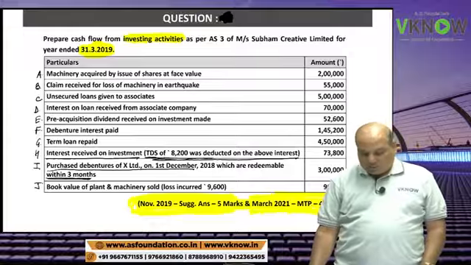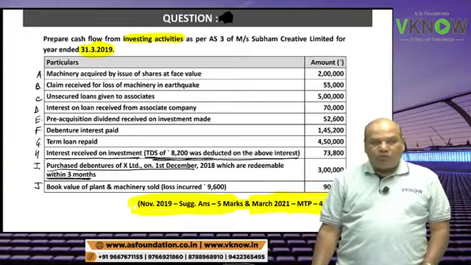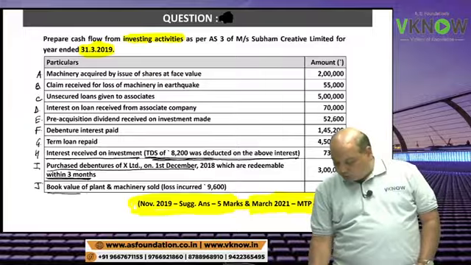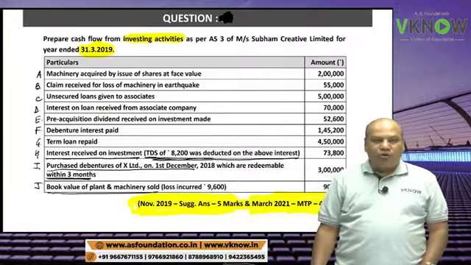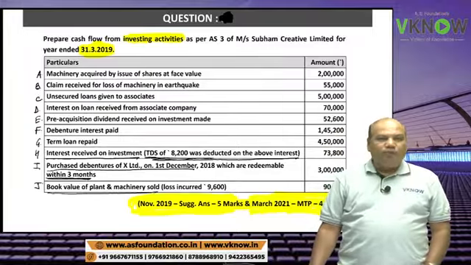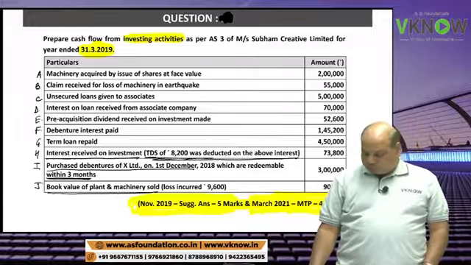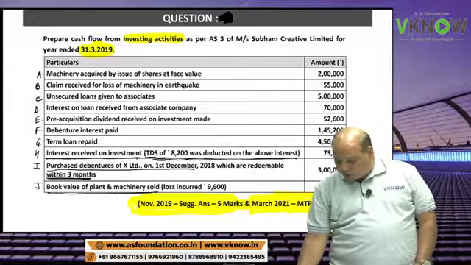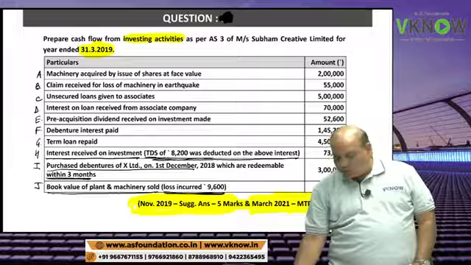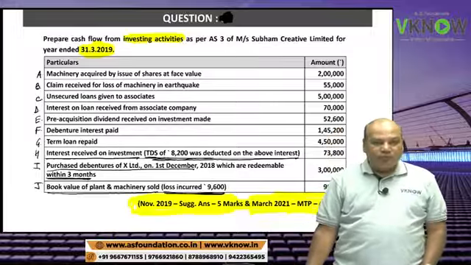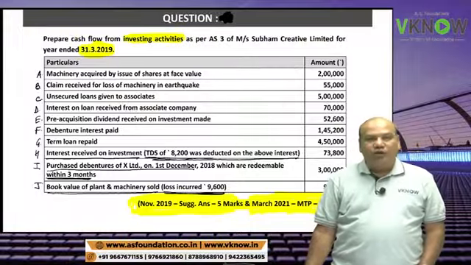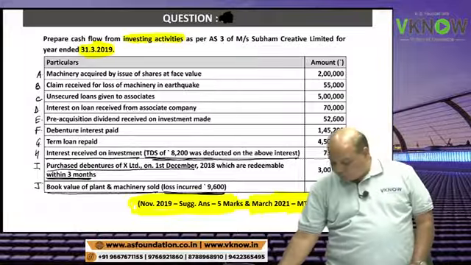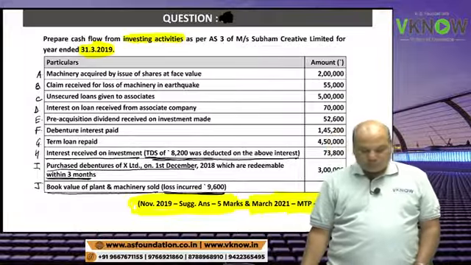Underline. Point J: book value of plant and machinery sold (loss incurred rupees 9,600) is 90,000.